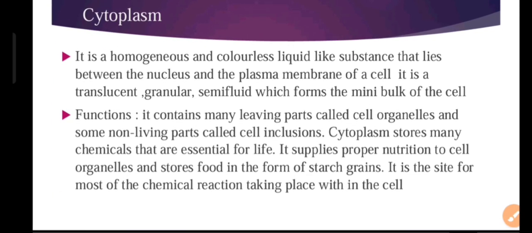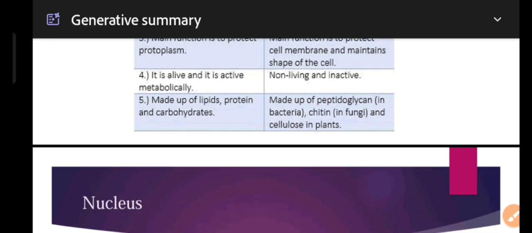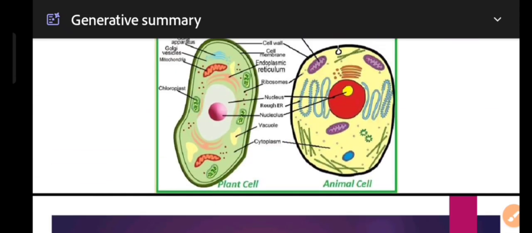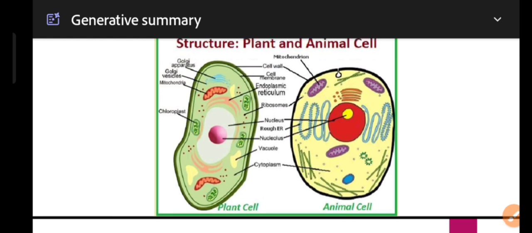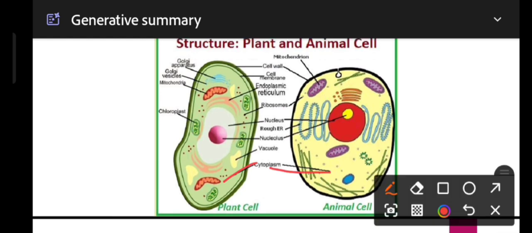Coming to the cytoplasm. The cytoplasm is a homogeneous, colorless, liquid-like substance that lies between the nucleus and the plasma membrane. See, this is the cytoplasm in this cell structure. In both cells we can notice the cytoplasm.